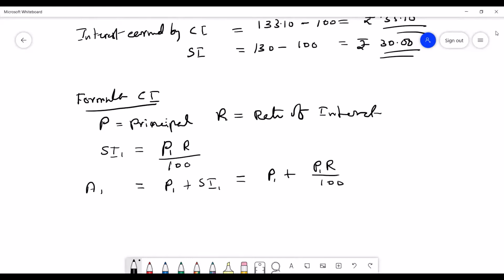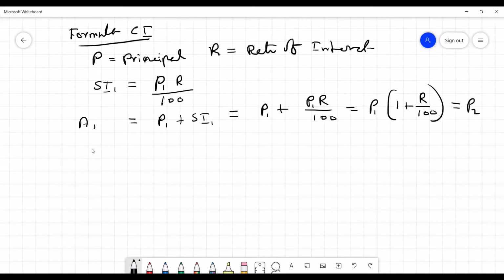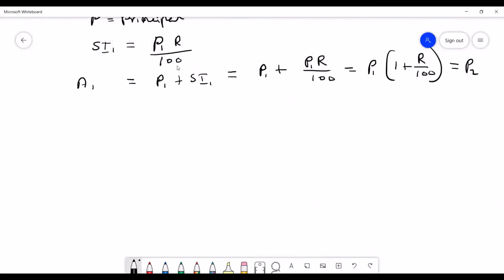That we can write as P1 is common there, we can take it out, then 1 plus R divided by 100. Let us say this is P2. After the end of this year, when we move to the next year, we will consider this as P2.